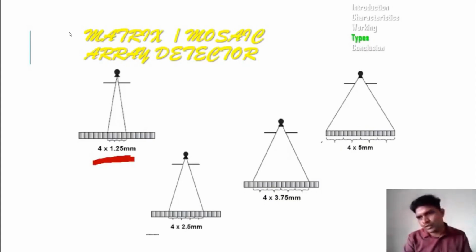When it is used with one rotation with 4 images at 5 mm per slice, it was able to cover a larger area. So that was the benefit of the matrix array or matrix mosaic array.